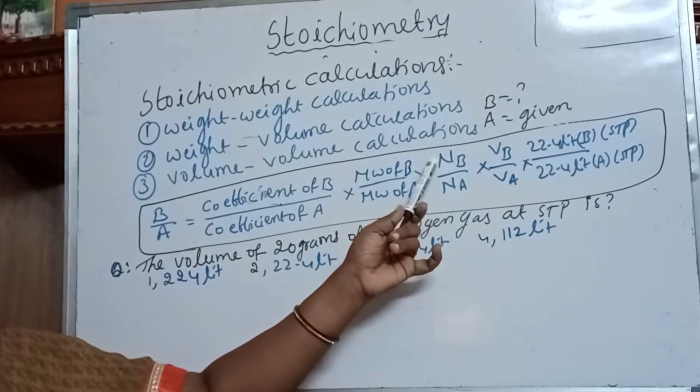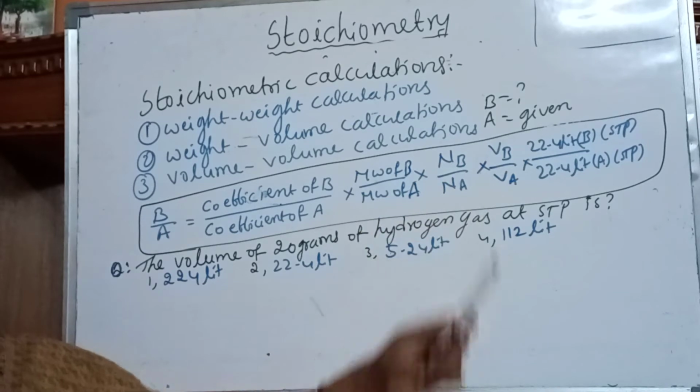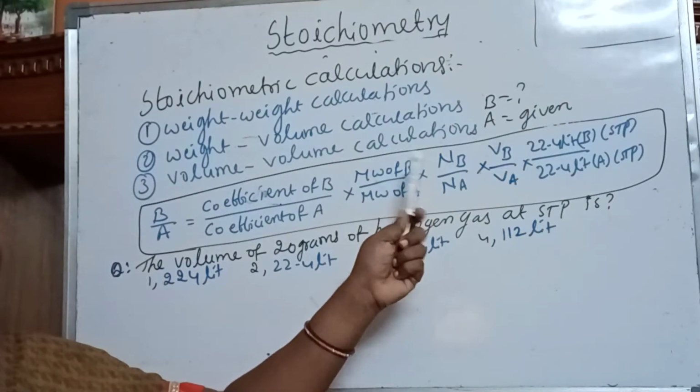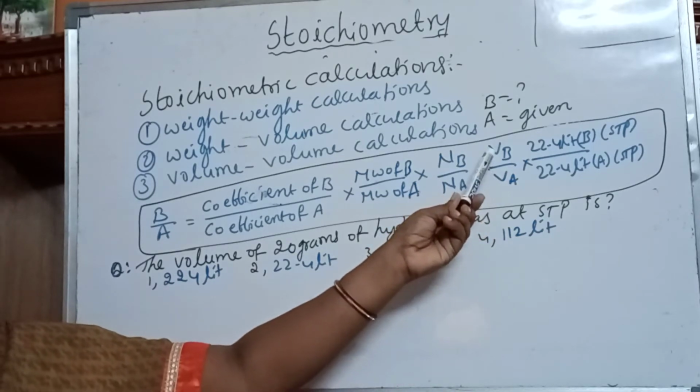Here NB means what? Avogadro's number. Avogadro's number is always constant. How much is it? 6.023 into 10 to the power of 23. You have to remember this: 6.023 into 10 to the power of 23. Here VB by VA, V means volume.